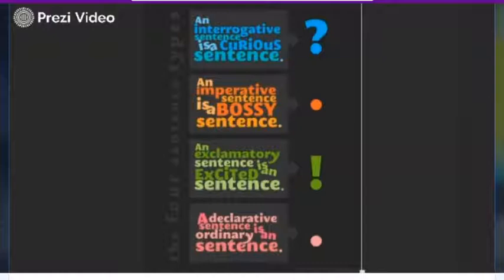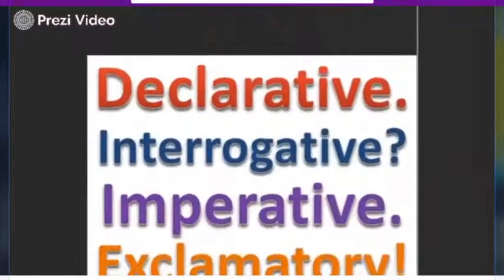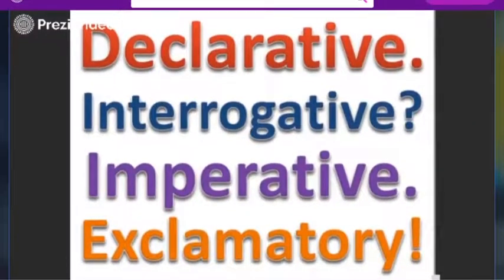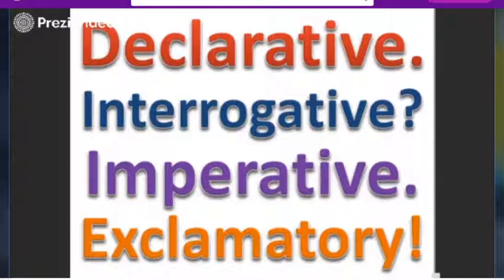Now we have the last one, the declarative sentence, which is an ordinary sentence. It's a very common one, like I am Ali. It's a normal sentence, and it's going to use periods. Like I have told you, there are four types: declarative, interrogative, imperative, and exclamatory sentences.